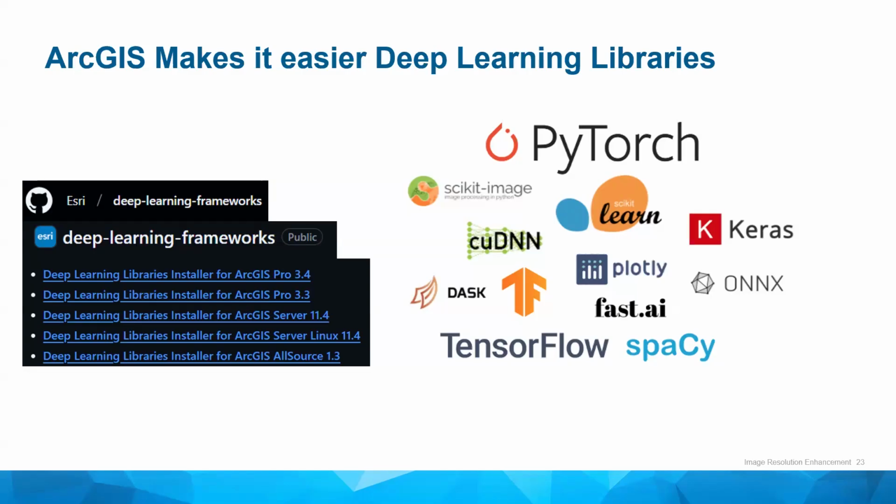And the other one, the tools within ArcGIS Pro that are powered by these libraries, like the one that we will be using for the super resolution, and even other tasks in deep learning, are already enabled whenever you download this one. This library can be found publicly. You can download it and use it.